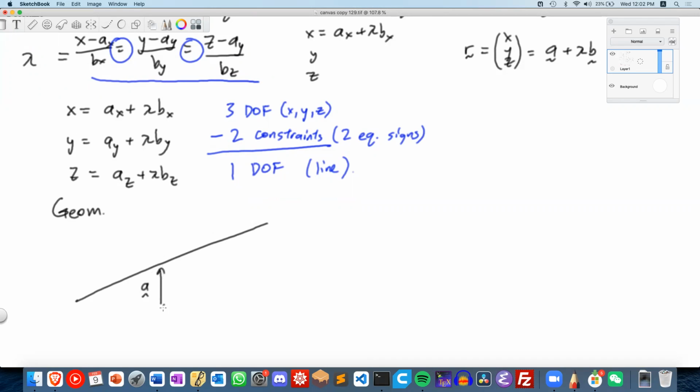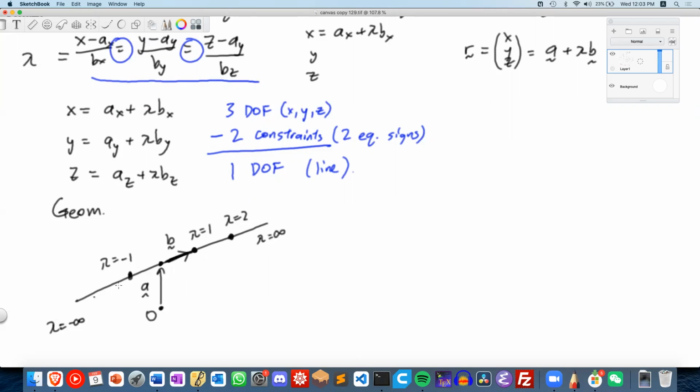One point on the line is identified by the position vector A. Then along the line, we have a directional vector B. If we choose lambda equals 1, it'll be this point. If we choose lambda equals 2, it'll stretch B, which allows us to walk along the line. When we choose lambda equals -1, it'll be going in the opposite direction. So lambda represents the degree of freedom, and lambda can be any real number from -infinity to infinity.